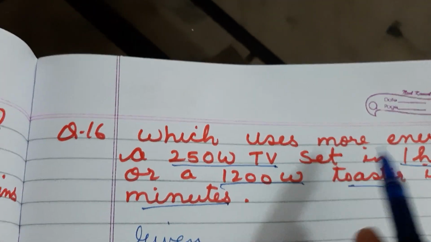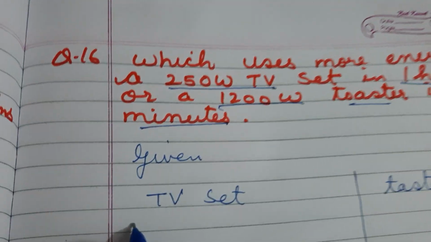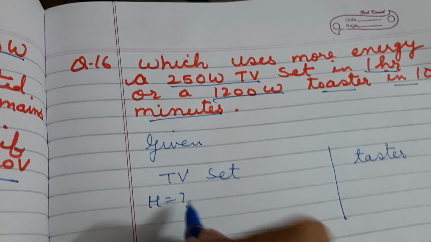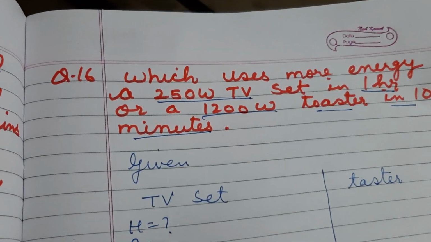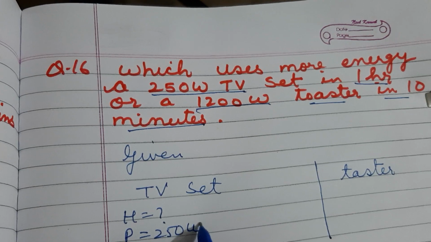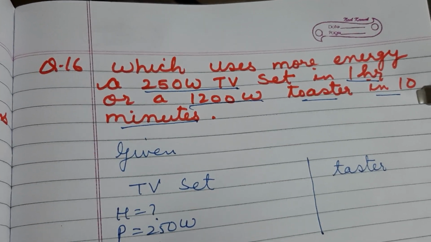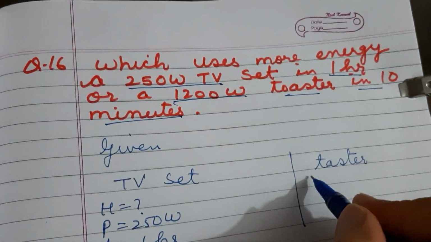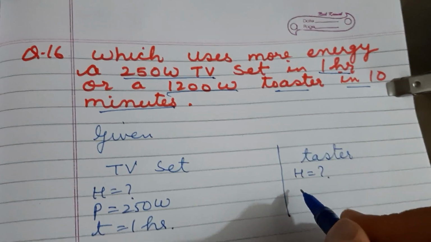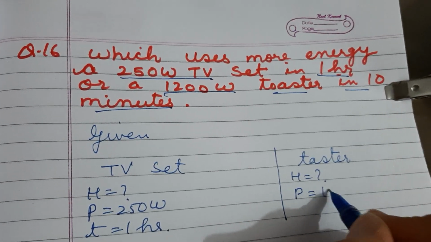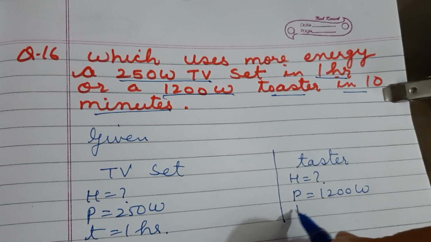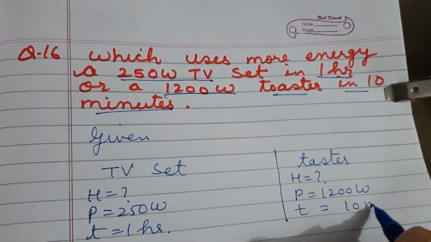For the TV set, power is 250 watt and time is 1 hour, and we have to find the energy. For the toaster, power is 1200 watt and time is 10 minutes.